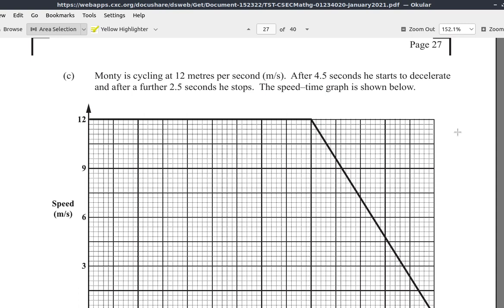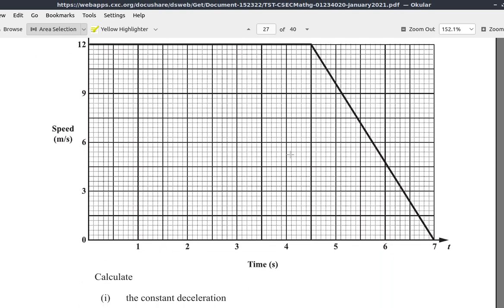After 4.5 seconds, which is this point here, he decelerates, and after a further 2.5 seconds he stops. So it's 4.5, then 7. The speed time graph is shown below.